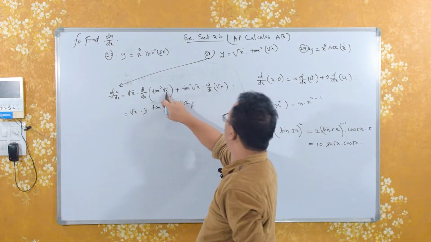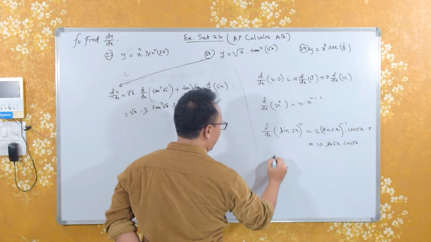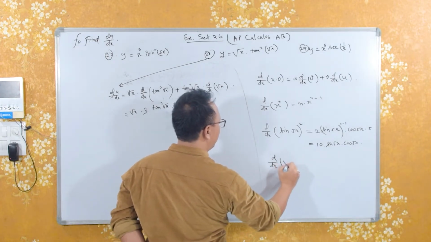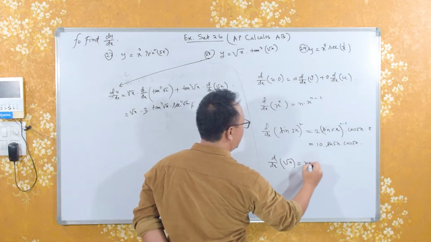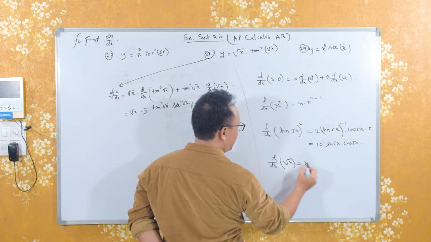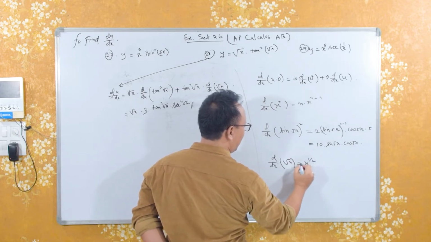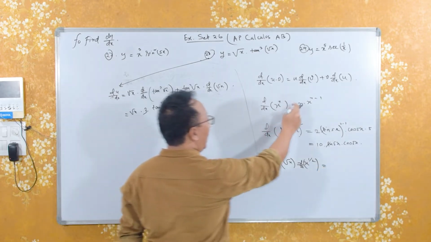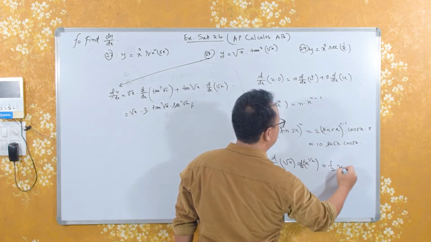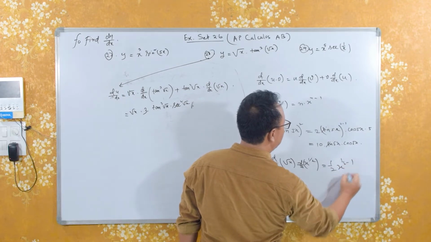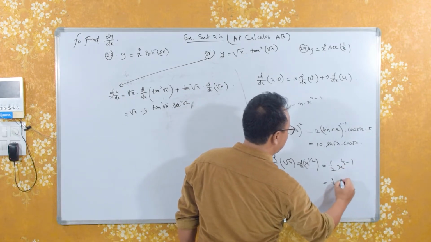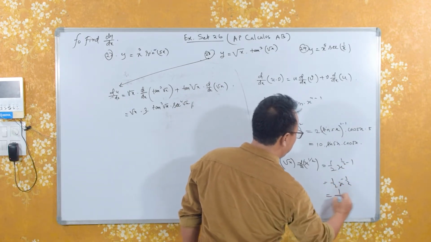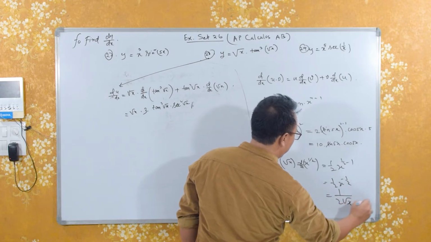Again root x, dy dx of root x is what? Dy dx of root x is x raised to half, okay. Now it will be half x raised to half minus 1, is half x raised to minus half, is 1 by 2 root x, okay.